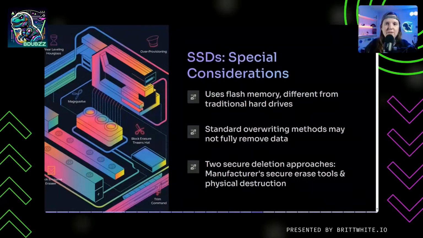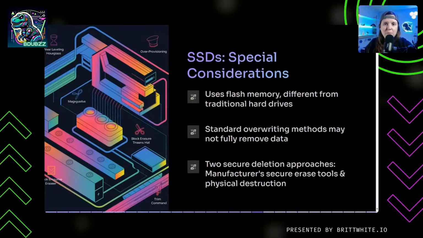Unlike traditional hard drives that use magnetic platters, solid-state drives use flash memory. This difference means we can't simply overwrite data on SSDs the same way we do with regular hard drives. When you try to overwrite data on an SSD, it might not completely remove the original data due to how flash memory works.